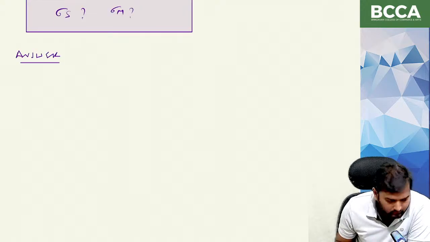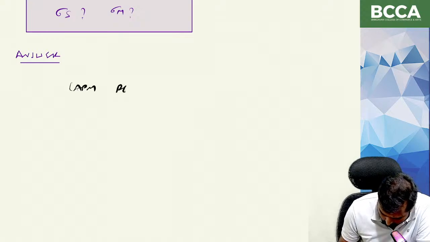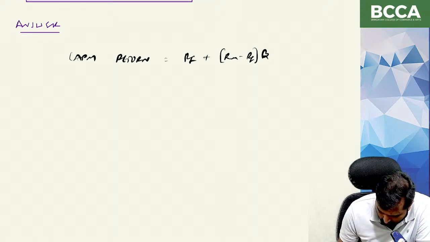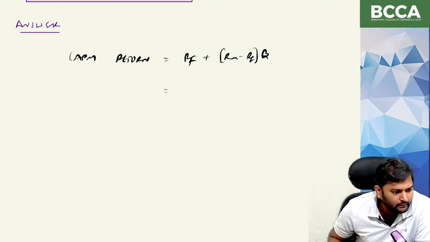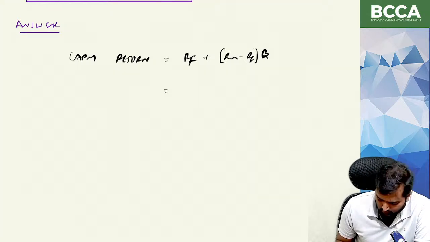Starting answer. First, CAPM return is equal to RF plus RM minus RF into beta.